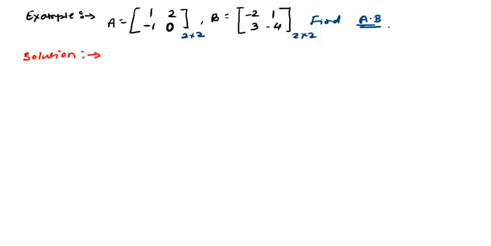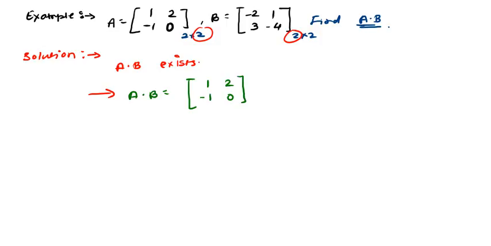So obviously the number of columns in the first matrix is equal to the number of rows in the second matrix, so the multiplication A into B exists. And what will that multiplication be? So consider A into B. Matrix A is 1, minus 1, 2, 0 and B is minus 2, 3, 1, 4.